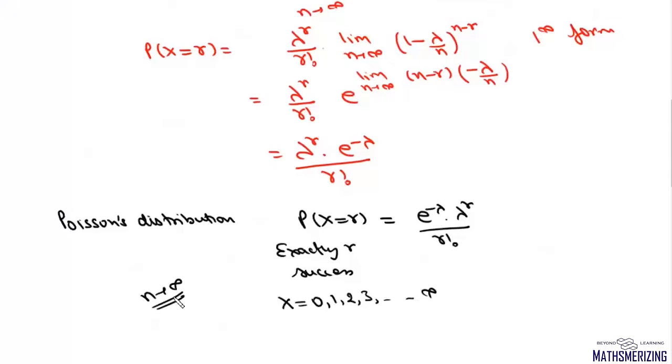So Poisson's distribution is a special case of binomial distribution, and this distribution is applied if n is sufficiently large and probability of success is nearly 0.